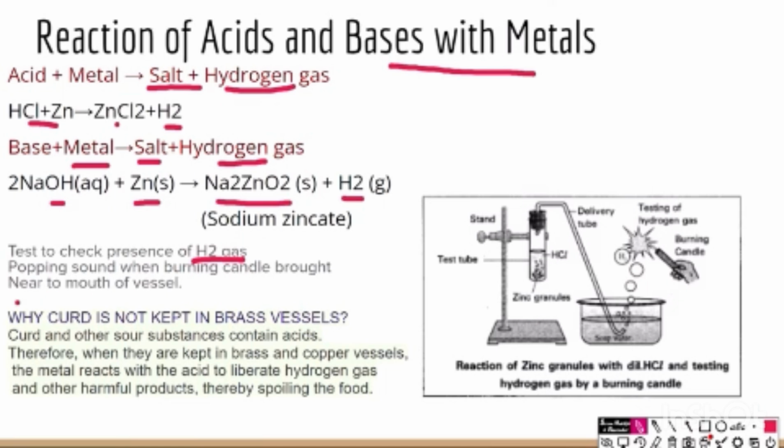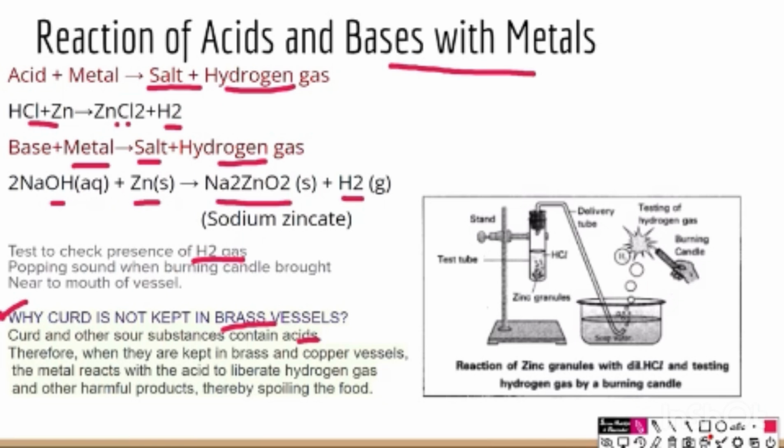Here a very interesting question can come from this topic: why curd or any other sour substance is not kept in brass or any other metallic vessel. Brass is a metal and curd has acetic acid. Other sour substances also have acids in them. We have seen that acids react with metals to give salt.